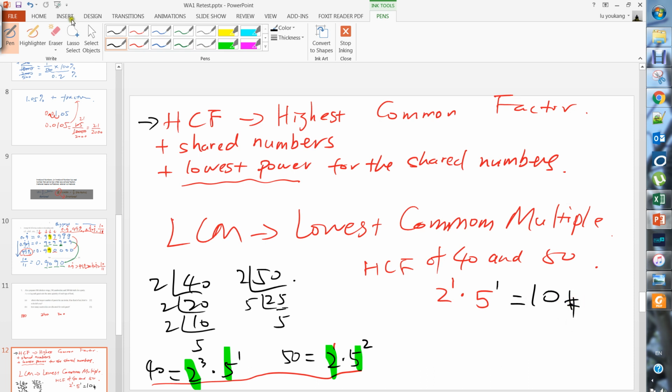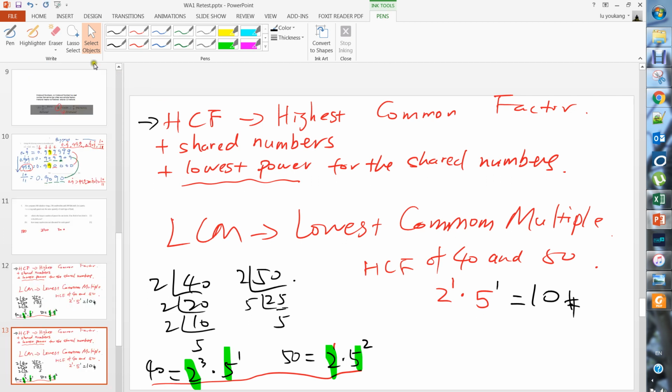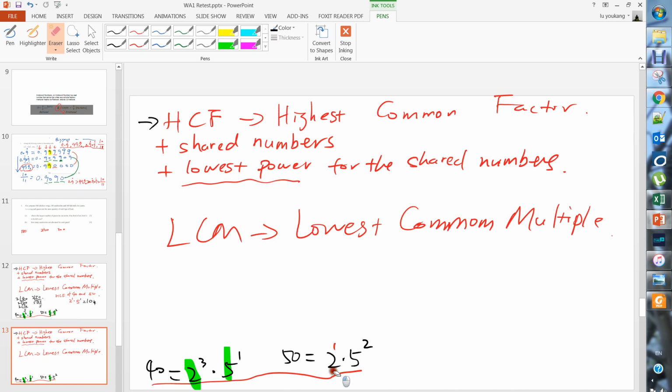Next, let me continue with LCM. Let me erase this so that I can have more space. LCM is also very simple.